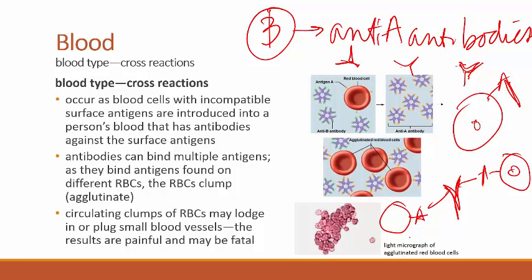The bottom line is that because this antibody can bind two different cells, it's going to cause clumping, the aggregation of the type A cells in this case, clumps like we see here. So there is a bunch of aggregated, or agglutinated is the word that we use, agglutinated red blood cells. And these red blood cells may wind up lodging in a blood vessel, which can be really painful or potentially fatal.